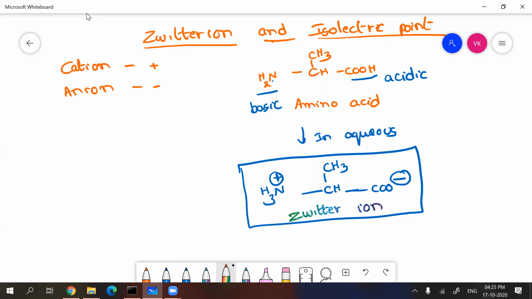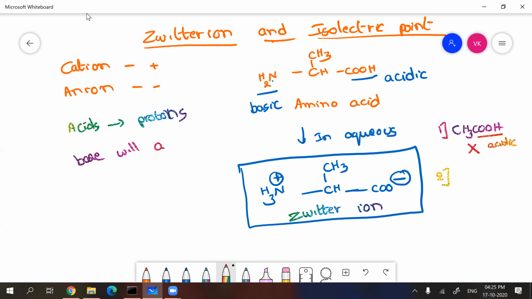So in order to form a Zwitter ion, if I take a molecule like acetic acid, is it possible to form a Zwitter ion in this case? No. The reason is it has only an acidic functional group. There is no basic functional group in this to take up the H plus. So generally acids will give protons, base will accept protons.